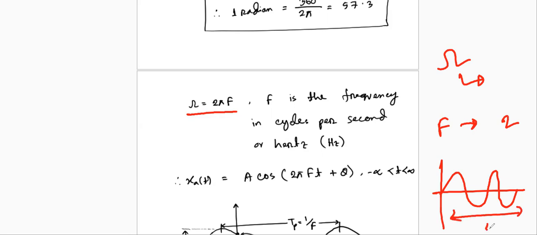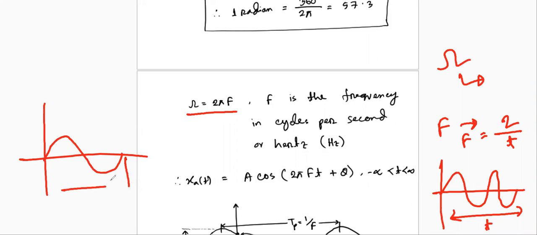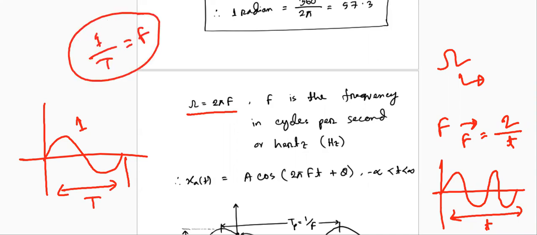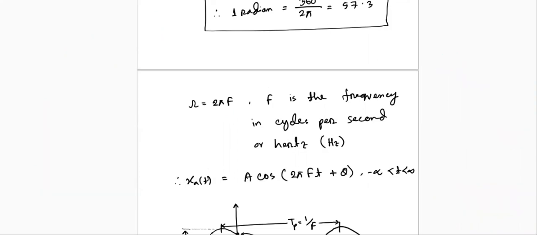And what is the time? This is T. So how many cycles over time? That is our capital F. That is how we have found the things. Mostly we are talking about a single cycle. Okay, if this is T, and how many cycles do you have? 1 cycle. 1 divided by capital T is our capital F, or the frequency in hertz.